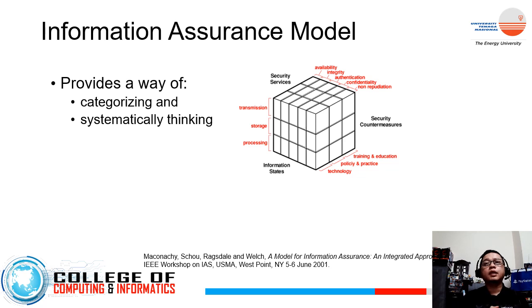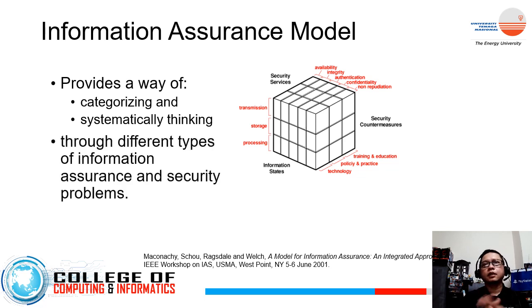So you need to properly categorize what assets you have, what risk could come to that asset, and how you respond to that risk. So systematically think of a solution, either to protect it, the control, and also how to react or respond if the event happens.